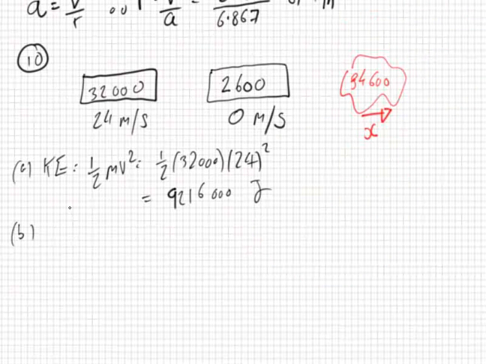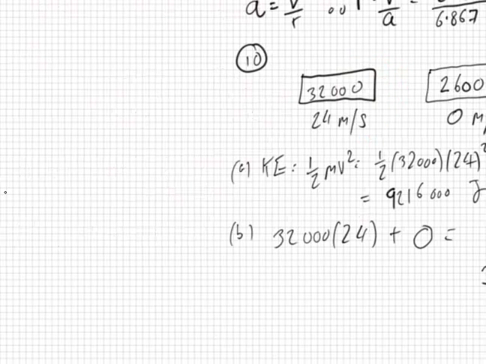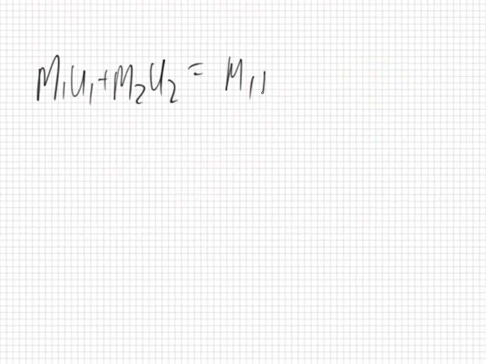M1U1 plus M2U2 equals M1V1 plus M2V2. So that's not a very complicated equation. I'm sure you know this one, Amro. Let me write it down here on the side.